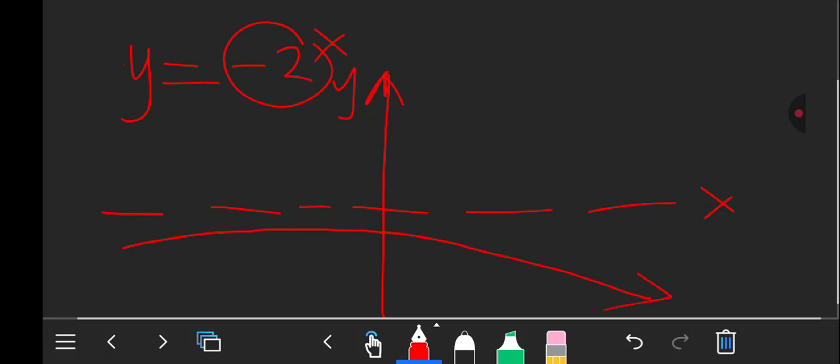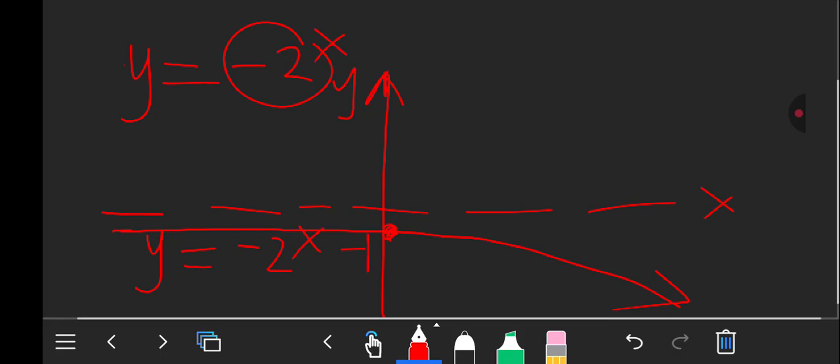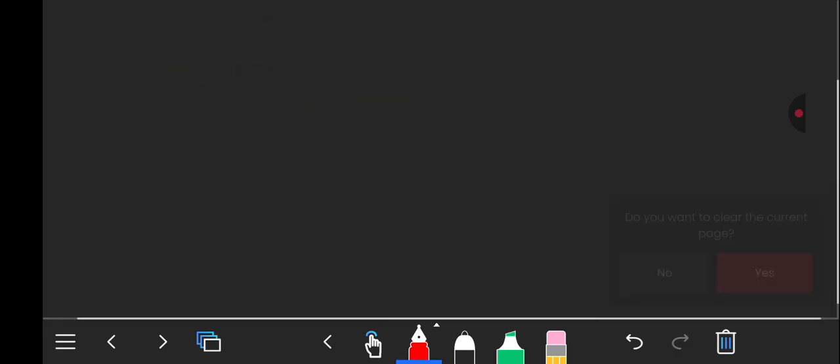It will be as if it's touching the x-axis but not touching. So it will move like that. That is the graph for y is equal to negative 2 to the power x. And where it will cut the y-axis, that is negative 1. This is how to draw.